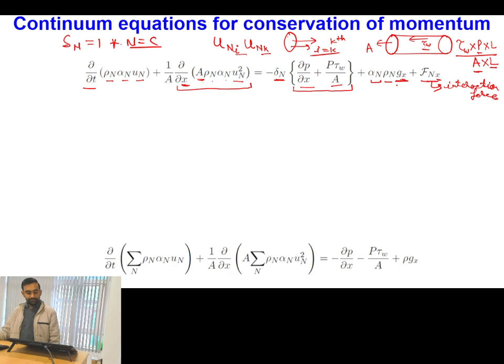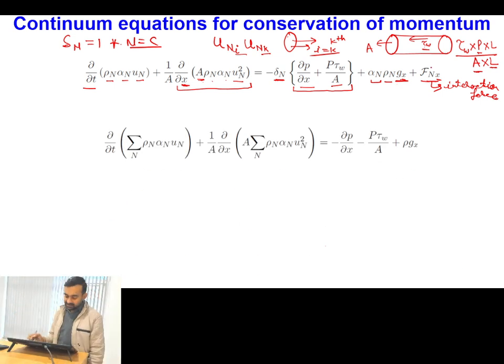Okay, if I extend this equation to the individual phases and take their sum, then I will get the summation over n of rho n alpha n into un, plus 1 by a del x of a, which will come outside because the summation is over the individual phases, of rho n alpha n un square, equal to, and the summation also includes the continuous phase.